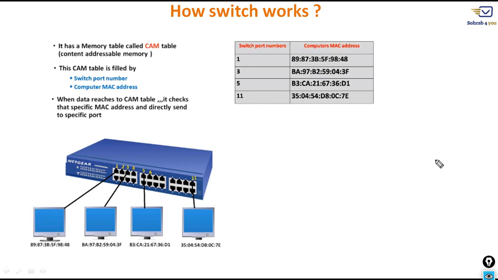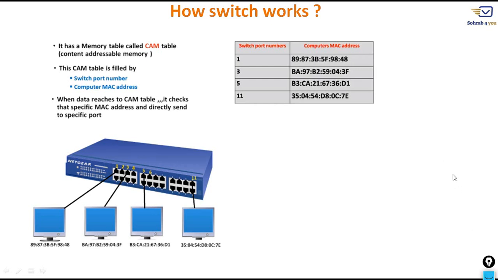When the sender sends the data, the switch checks the destination MAC address and which port it belongs to. Then the switch sends to the specific port. It's not going to send to everyone. It sends to the specific port. This is how the switch works.